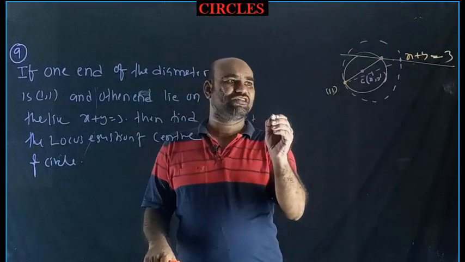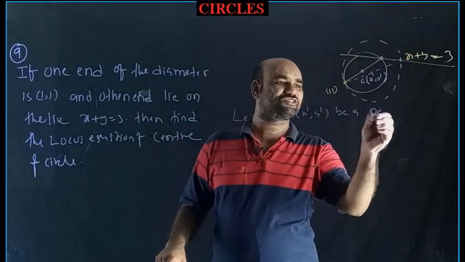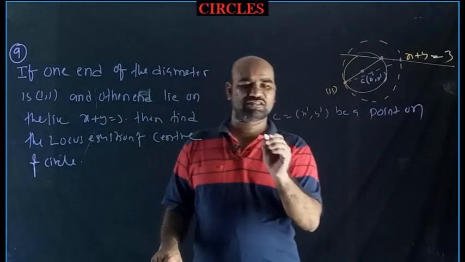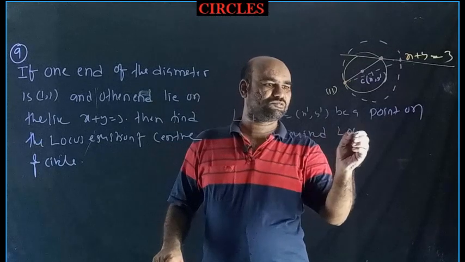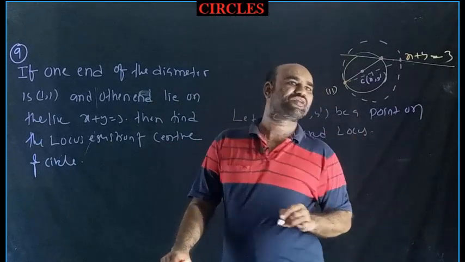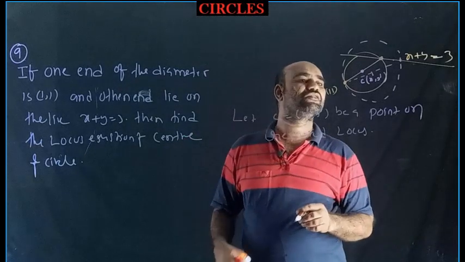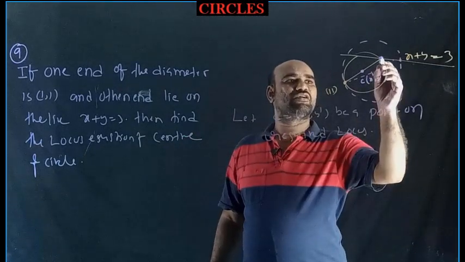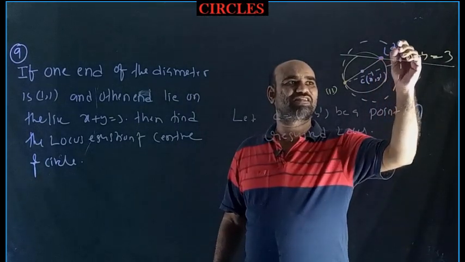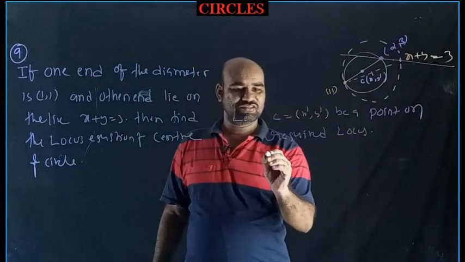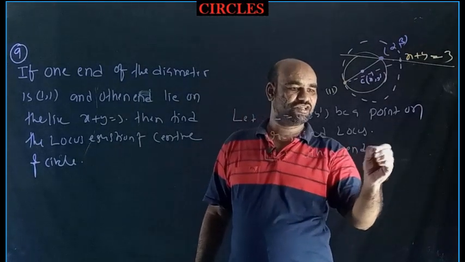Let C equal (x dash, y dash) be a point on the required locus. Okay, you want to create the relationship between x dash and y dash now. So say this point is (alpha, beta). Let the other end equal (alpha, beta).